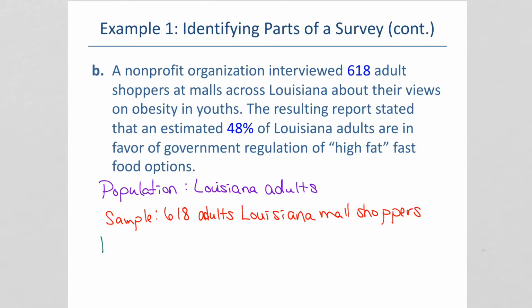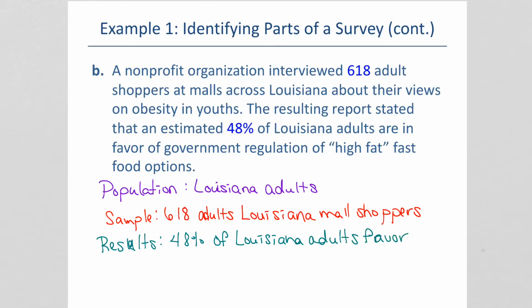The results were that 48% of Louisiana adults favor government regulation of high-fat food options.